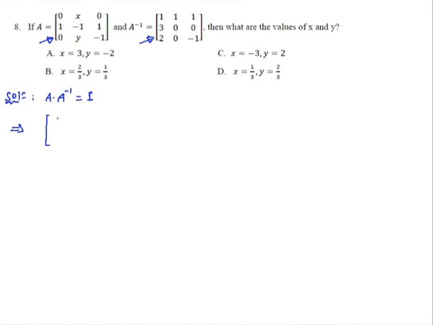and y. So A is 0 x 0, 1 minus 1 1, 0 y minus 1, and A inverse is also given: 1 1 1, 3 0 0, 2 0 minus 1.